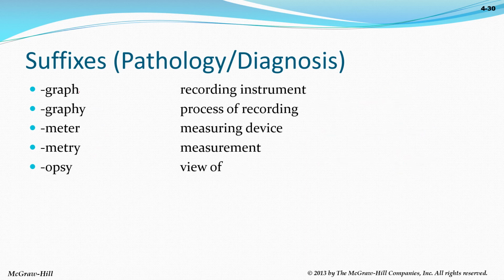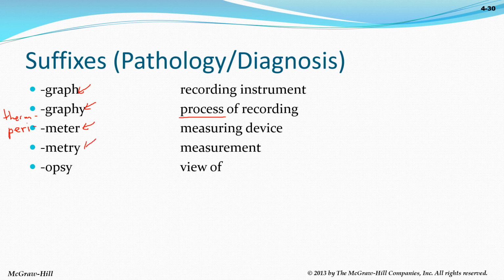So graph is the instrument. Graphy ends in Y is the process of, the action. Anything that measures is meter. So when you're doing the perimeter, you're measuring around the outside. When you're taking a thermometer, what are you measuring? What's therm? Heat, right? So therm is just the device for measuring.